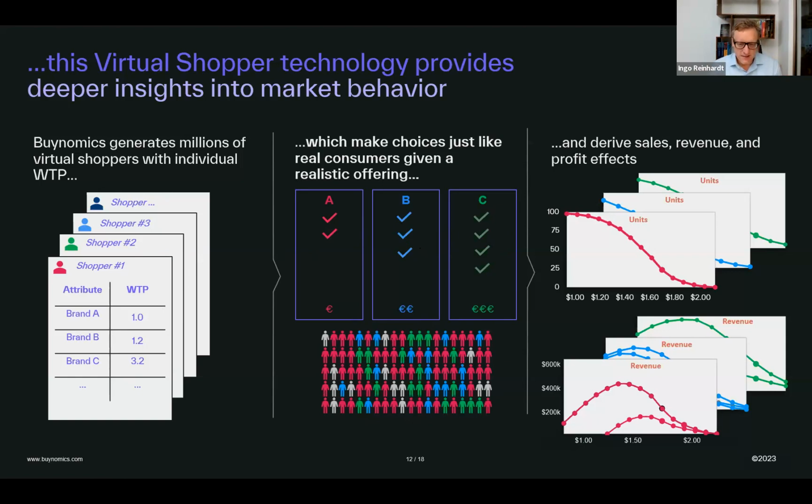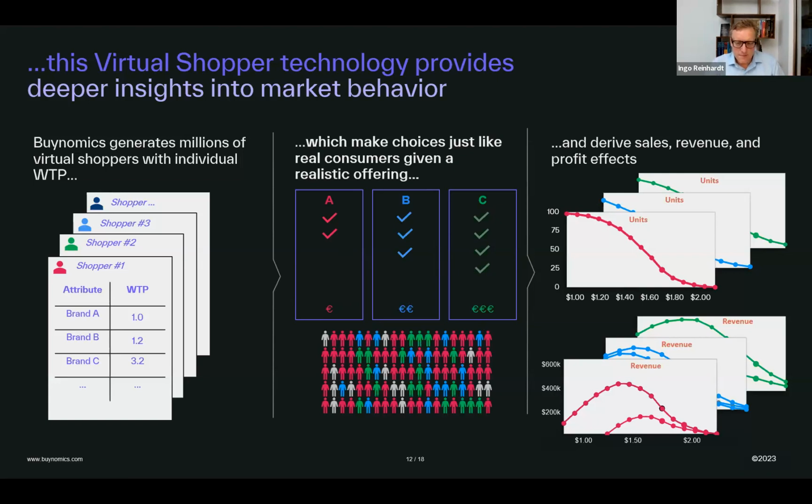As in the ski jacket example, some value synthetic or down filling very highly, others don't. And some of them prefer a middle option, others don't. So you can really build a model where you replicate the real decision making that real shoppers would have.